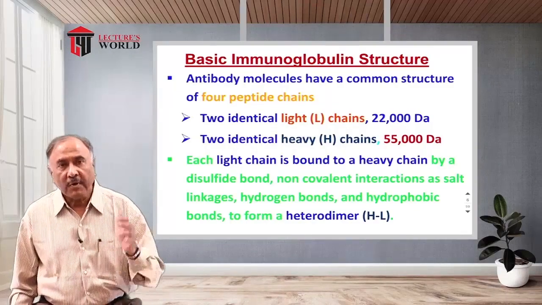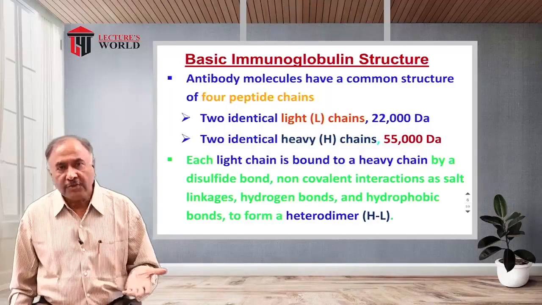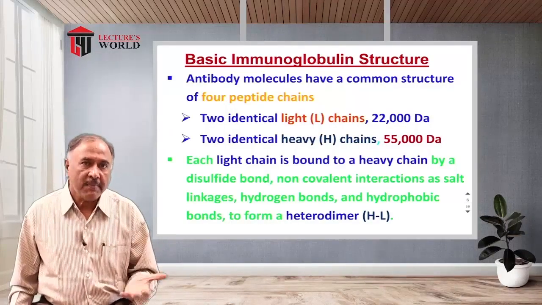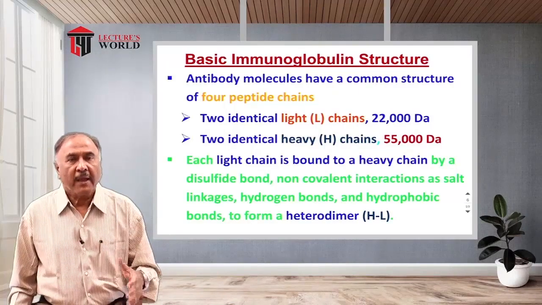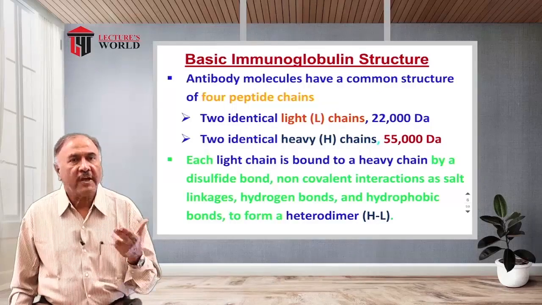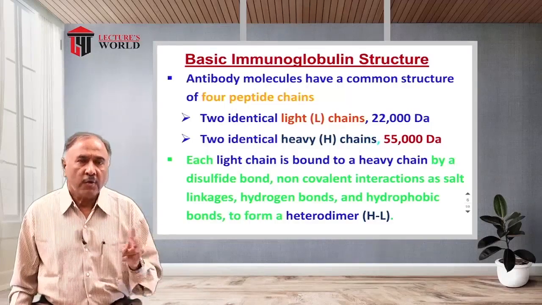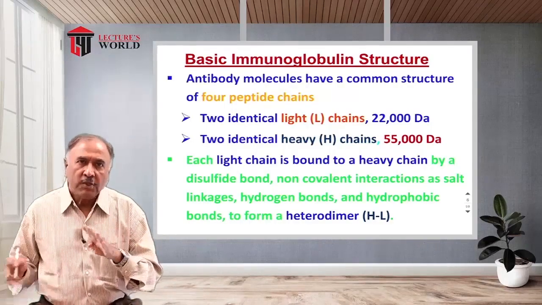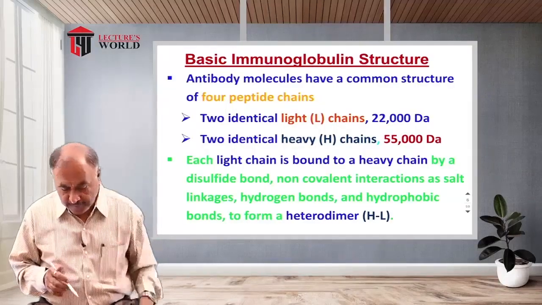Because the molecular weight was very high, naturally it was labeled as heavy chain. And because the other two chains have a low molecular weight, they were called light chains. So out of 4 peptides, 2 were heavy and 2 were light.